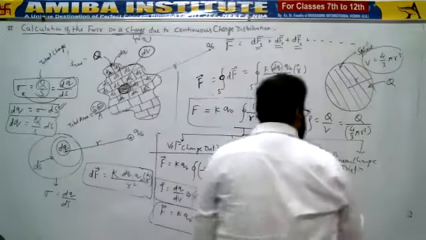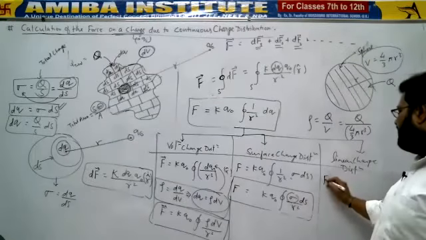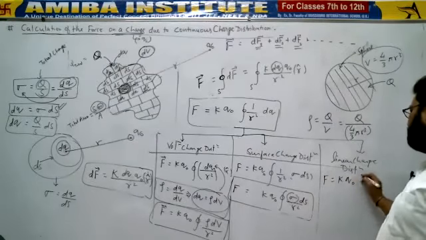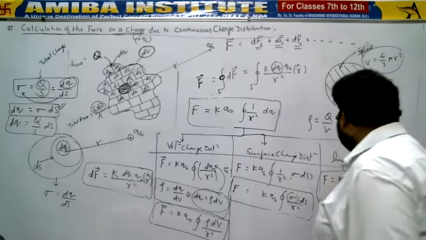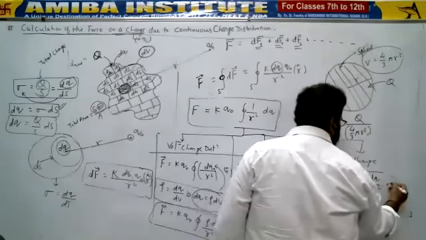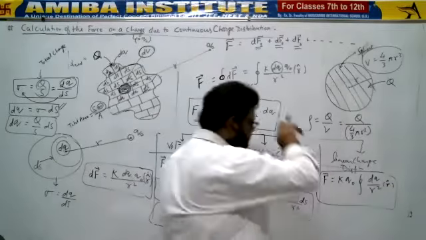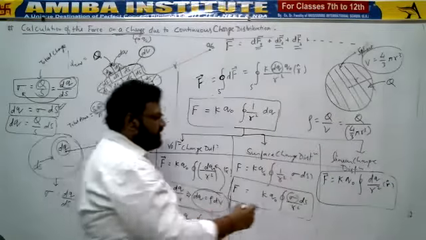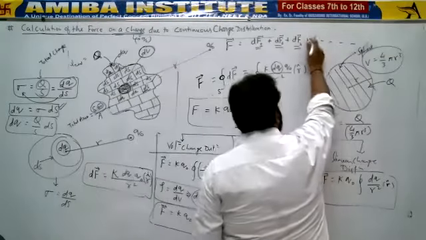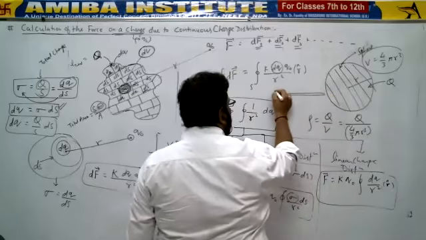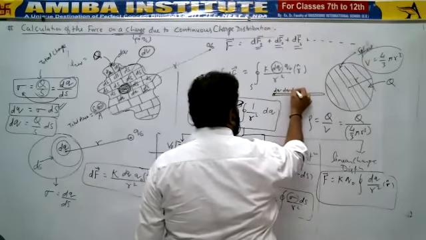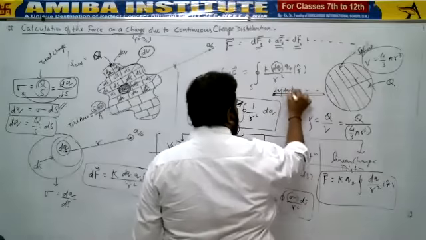Similarly, for linear charge distribution, F is equal to K Q naught dq by r square. Everything till here will be the same, in vector form with r cap. Now, for linear charge distribution, suppose charge is distributed linearly on this rod, dq, dq, dq on dl length.